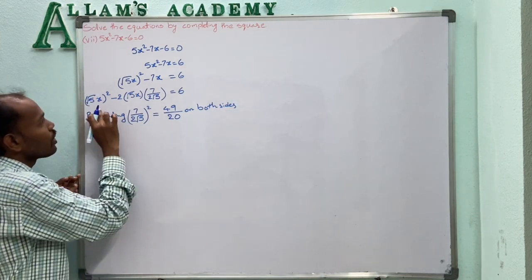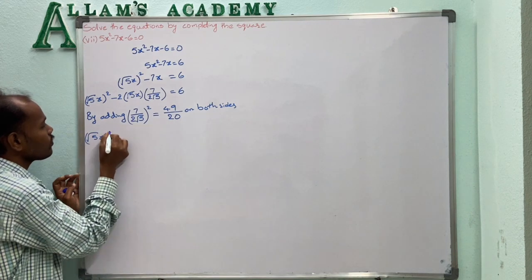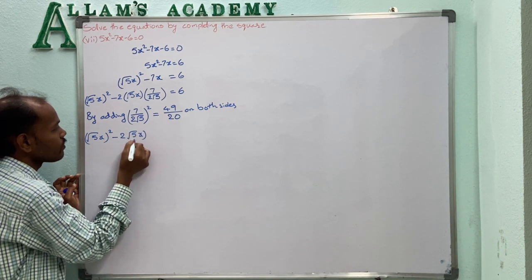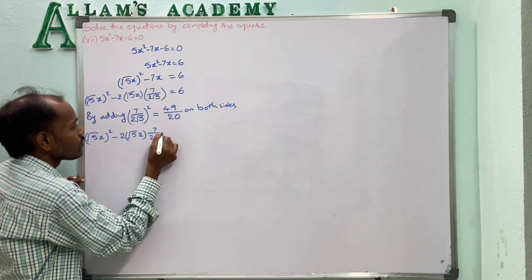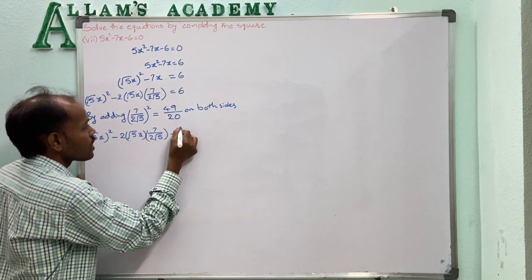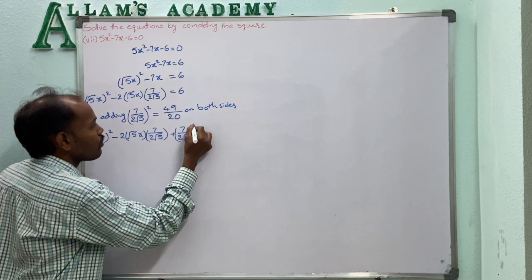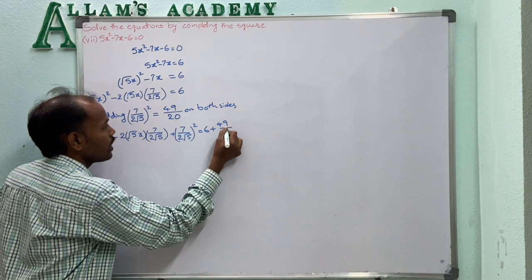So now (√5x)² - 2 into √5x into 7/(2√5) + (7/(2√5))² equal to 6 + 49/20.